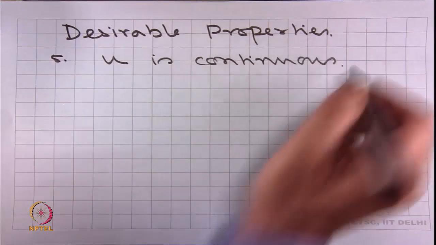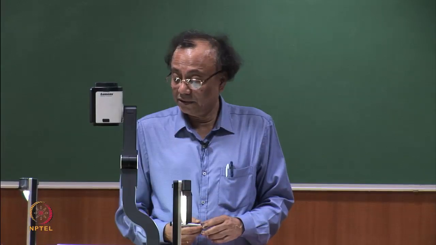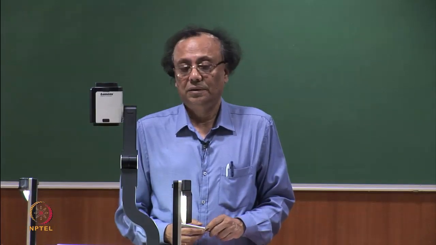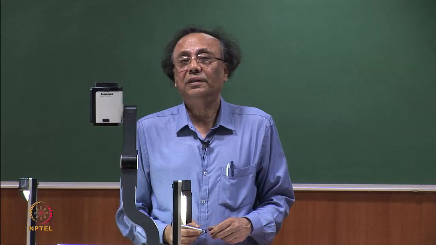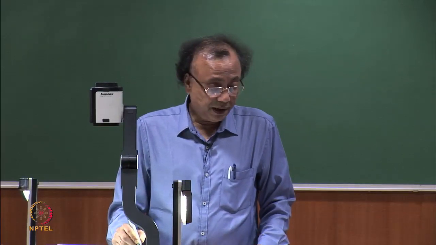U is continuous as explained with respect to complementation and intersection, otherwise small change in the membership may result in significant change in the membership of the union.